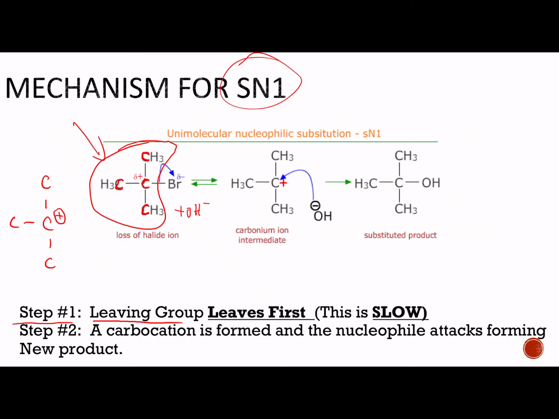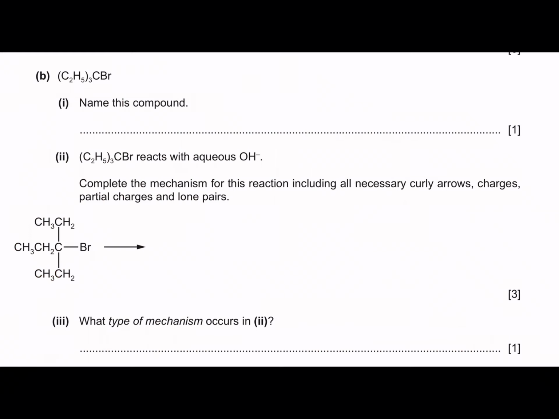What happens as a result is a carbocation is formed. And then after the carbocation is fully formed, the nucleophile sees there's space available, a spot to put its electrons in, and it's going to happen. So the nucleophile attacks in order to form a new product.